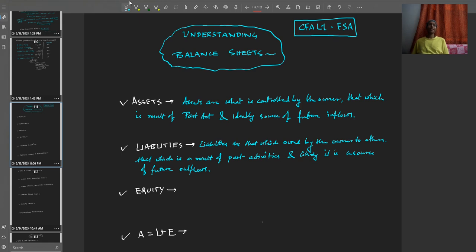Now comes equity. Equity is basically the residual of assets after taking out the liabilities. So basically, equity is equal to assets minus liabilities. This implies assets is equal to equity plus liabilities.